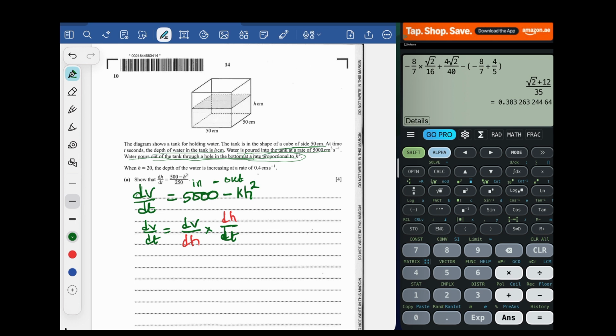They gave us dV by dt to be 0.4. Then the volume is 50 times 50 times h, which is 2,500h, so dV by dh is 2500.